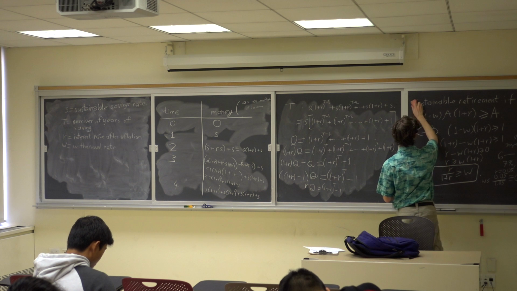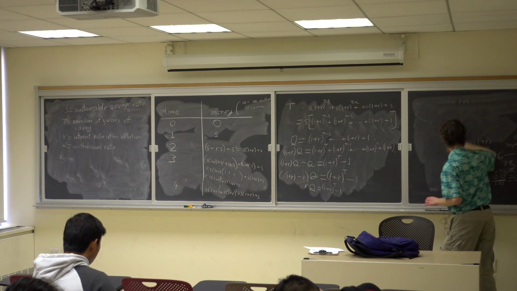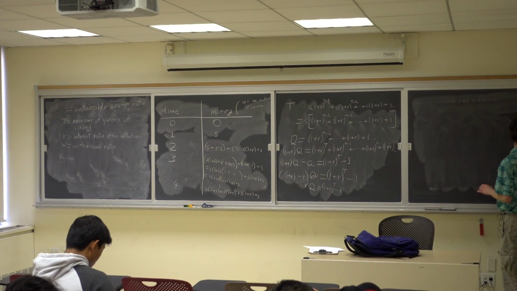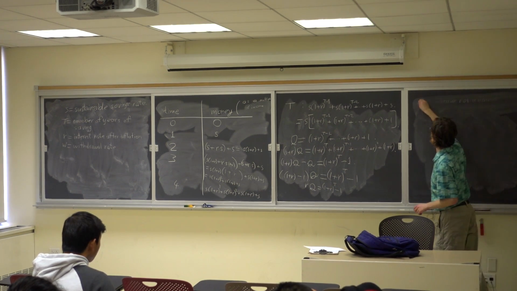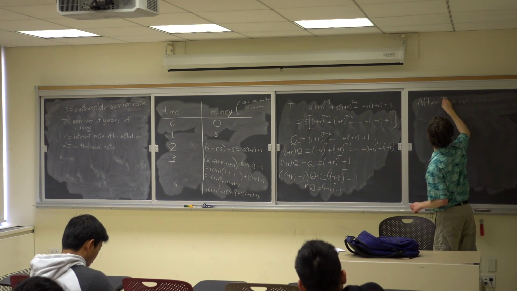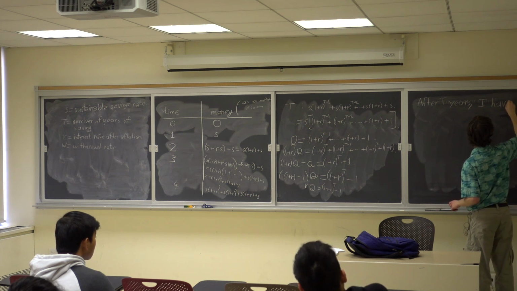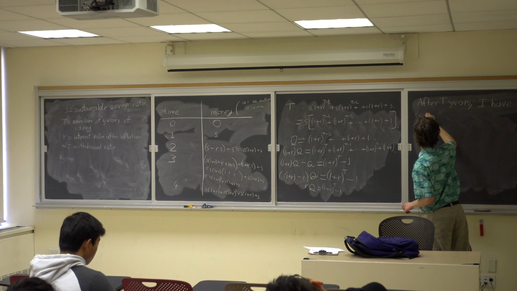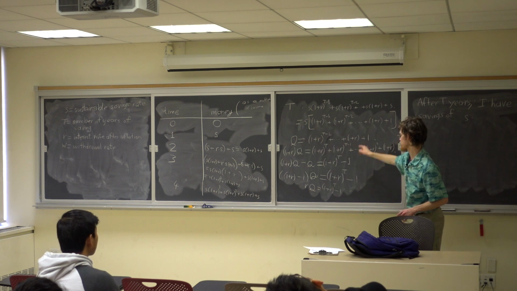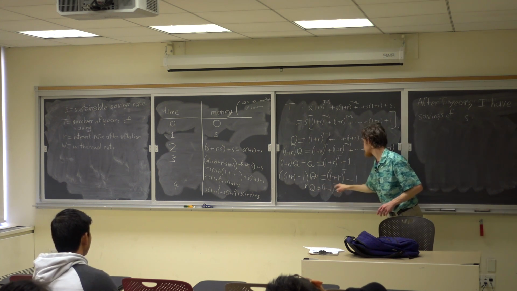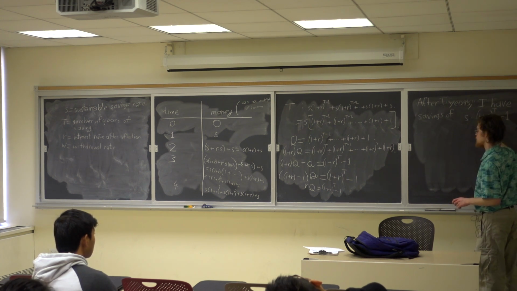And so in the end, I find the following: after t years, I have savings of s times q, but q is (1 plus r) to the t minus 1, divided by r.